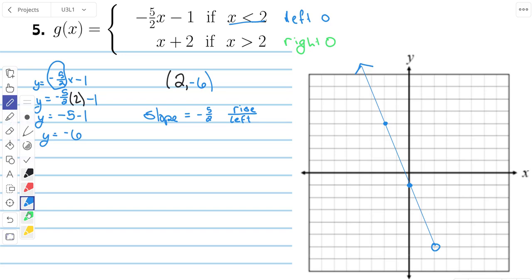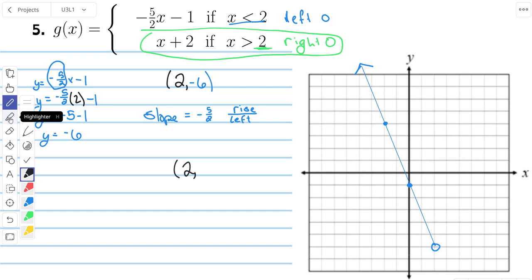So now let's take the green line. Again, my important spot to test is at 2. So I'm testing when x is equal to 2, because that's that point where I need to figure out what's happening. And so now I'm going to take that green line, y equals x plus 2, and I'm going to plug in that 2.